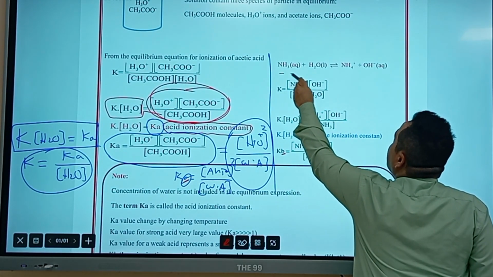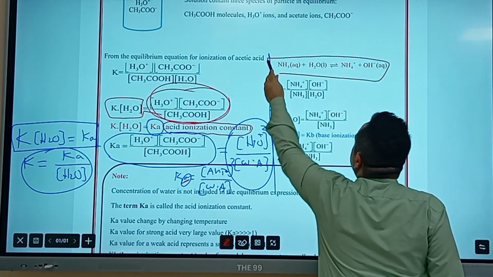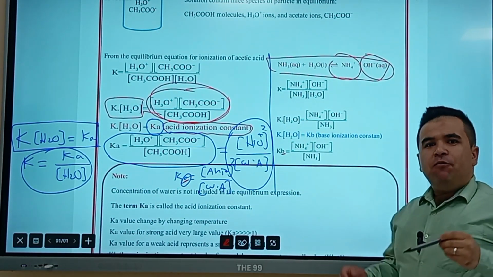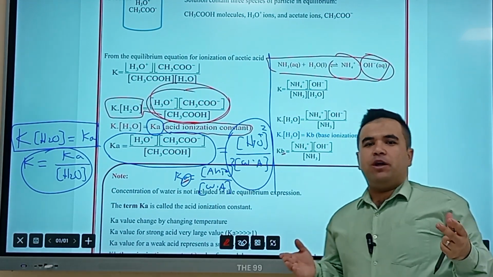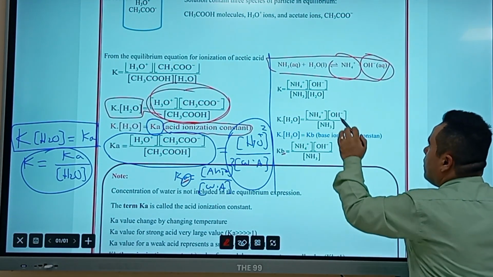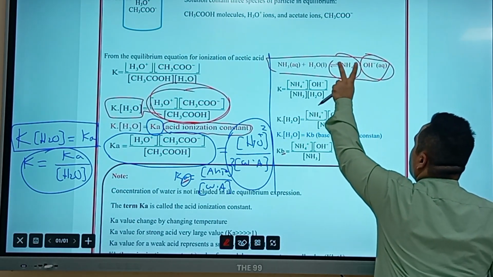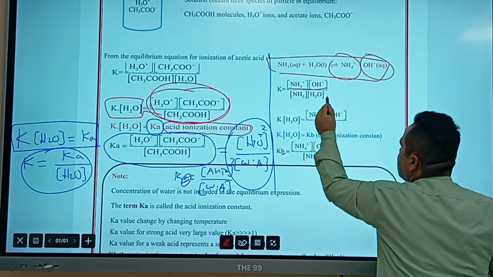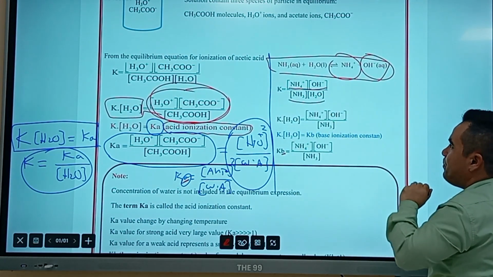An example here, guys: ammonia reacts with H2O to form ammonium and hydroxide. If we want to write the equilibrium constant expression, it equals the concentration of products over the reactants. Here we have ammonium and hydroxide over H2O and ammonia.